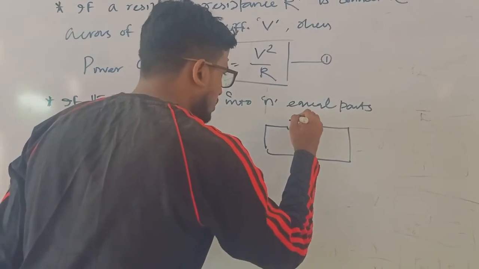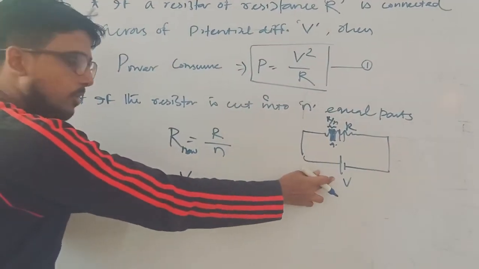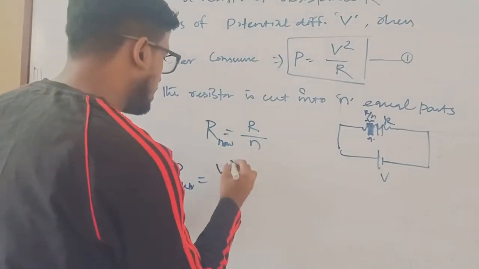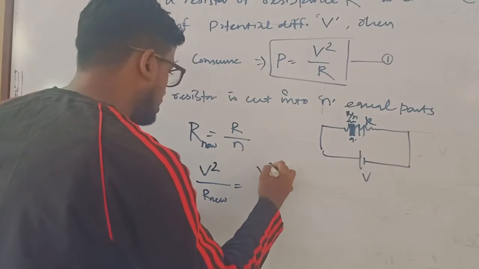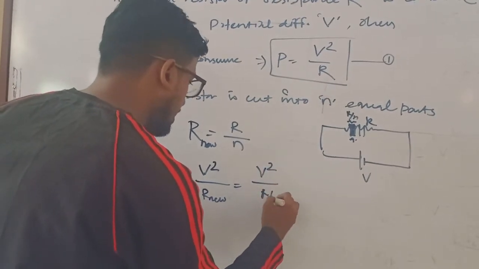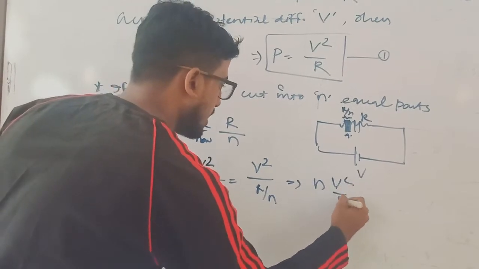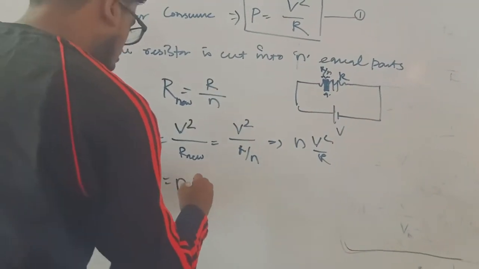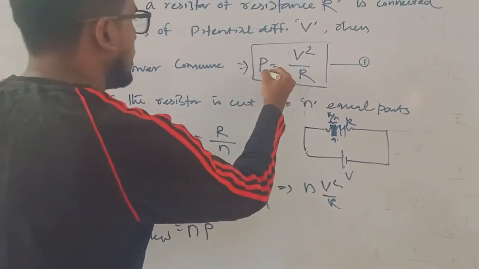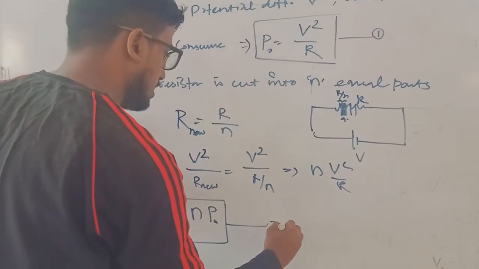This portion of resistor having R by N resistance is connected across the potential drop V. Then P new equal to V square by R new, which can be written as V square by R by N. This will be N into V square by R. So P new will become N into P initial, that is equal to P naught. Okay, let this be equation 2.